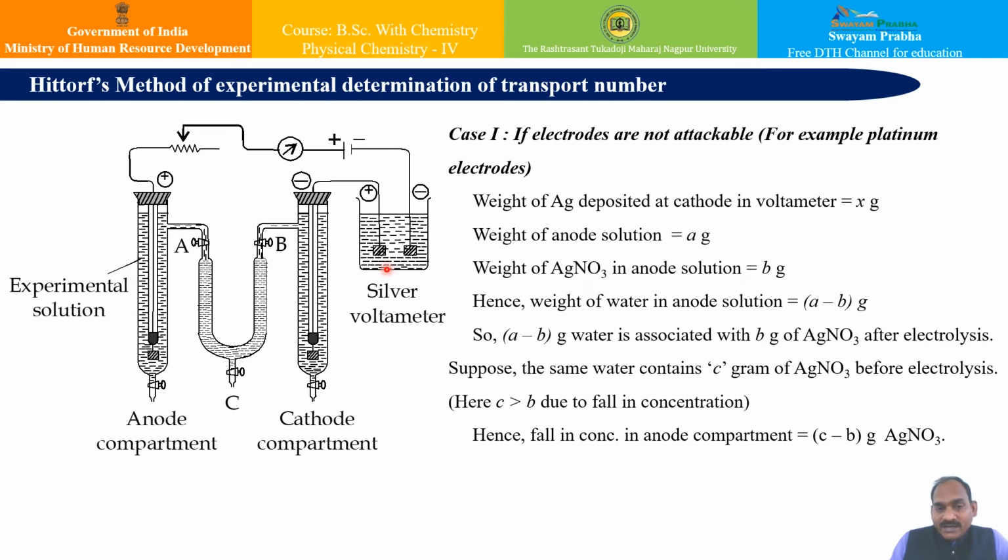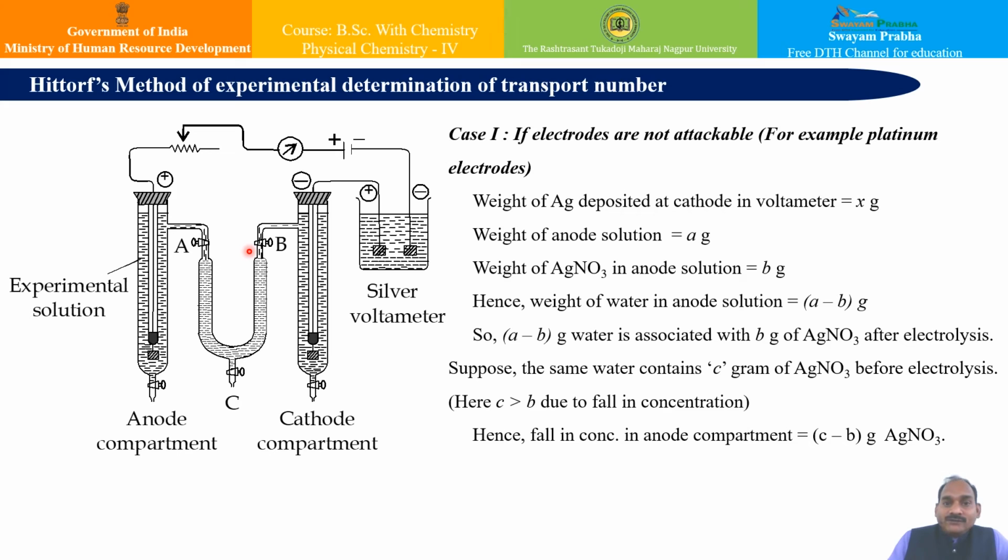So after 3 hours, tap A is closed, and the solution is removed from the anode compartment. Its weight is taken, and it is titrated with the same titrant that we used for the standardization.